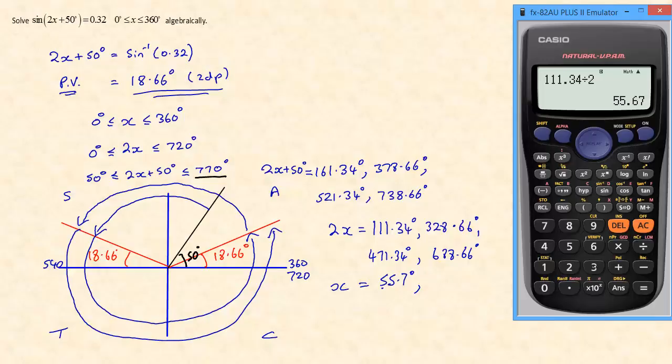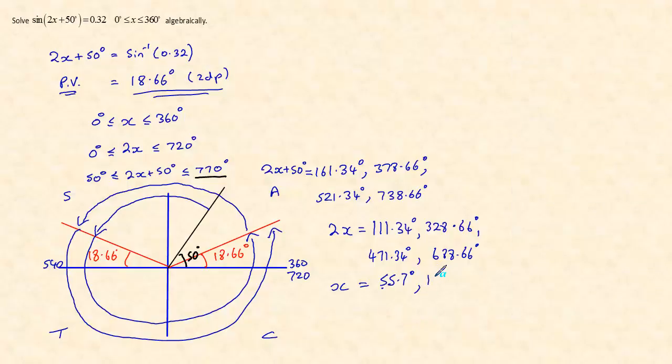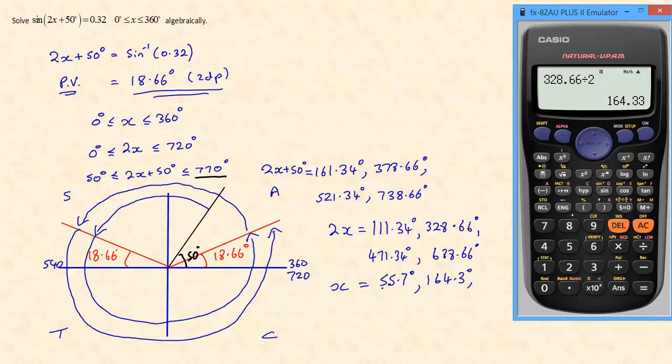And then we've got 328.66, divide that by 2. Call that 164.3. And then we've got 471.34.